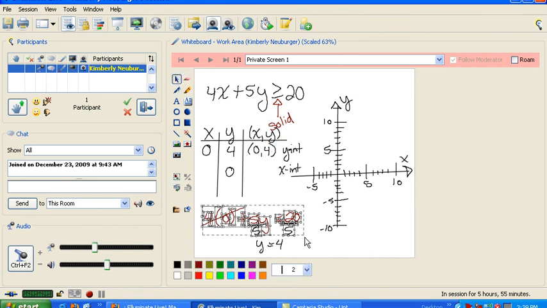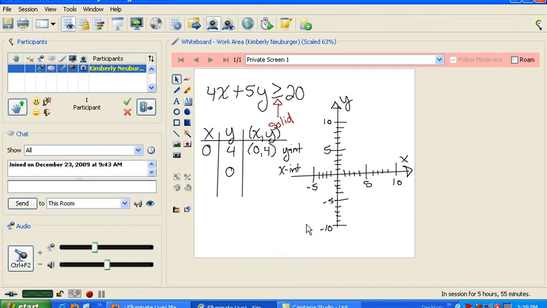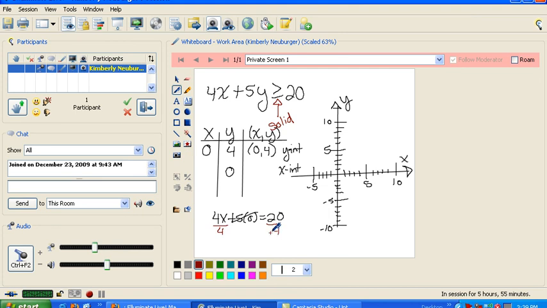Now, if I go ahead and plug in 0 for my y, I get 4x plus 5 times 0 equals 20. This cancels. Divide both sides by 4, and I get that x equals 5. So that gives me an x-intercept of 5, 0.